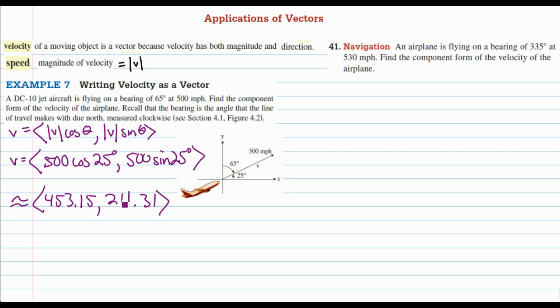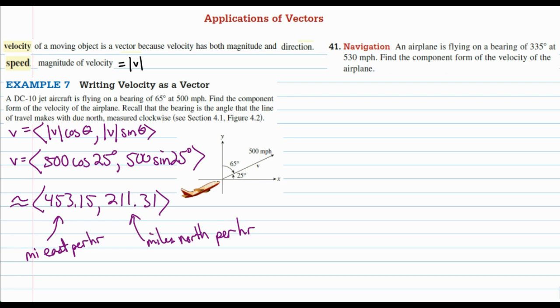In vector form, what that means is every hour the airplane is traveling 453.15 miles east, straight east, and 211.31 miles, in this case, straight north. Now, if the plane was traveling into a different quadrant, we might be talking about the plane traveling west or south, depending on whether the x-coordinate or y-coordinate is negative.